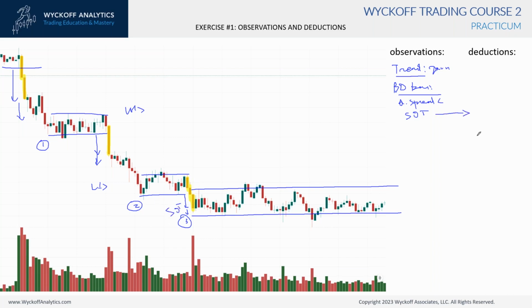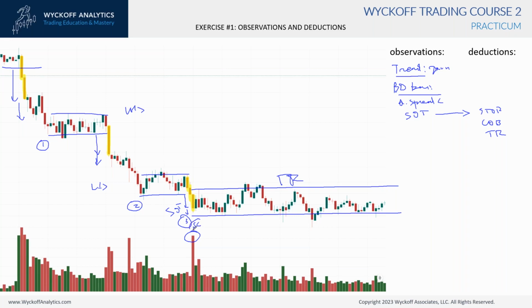Right away, deductions about this. What would be the deduction around that point of time? Stop in action, correct? Meaning that we could go into the change of behavior into the trading range, which we did, okay? Does the volume confirm that this is a stop in action? Yes, right?